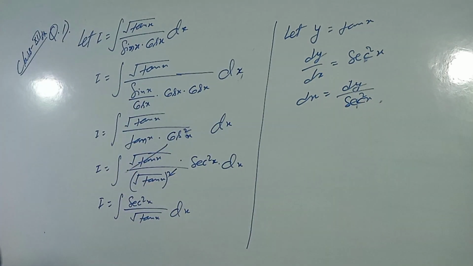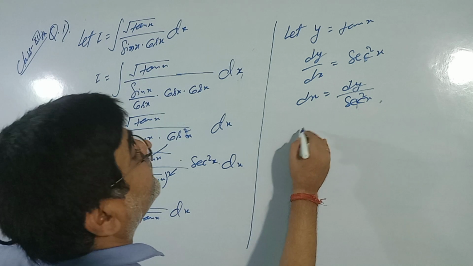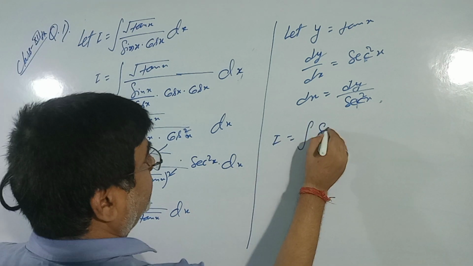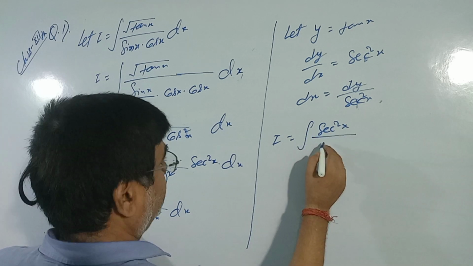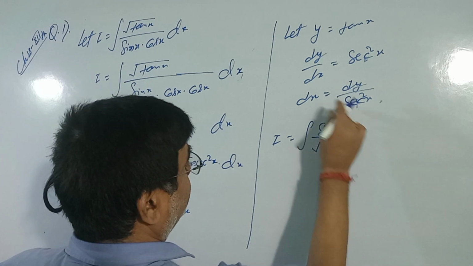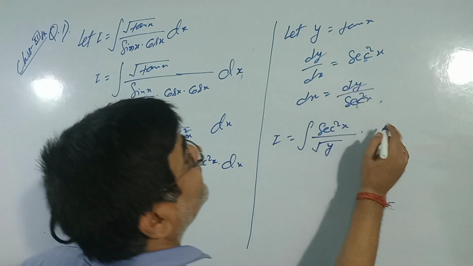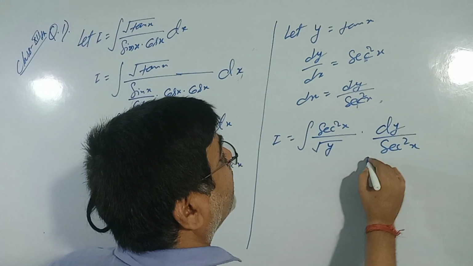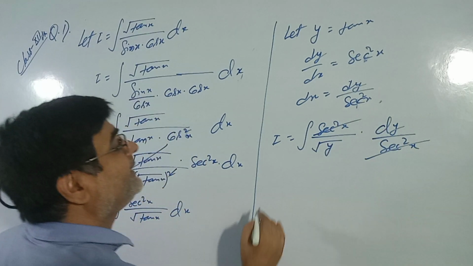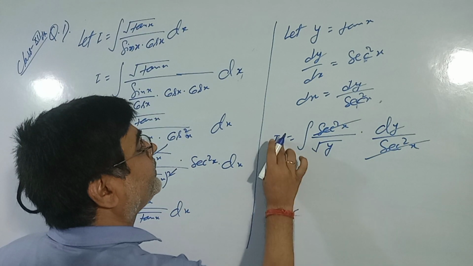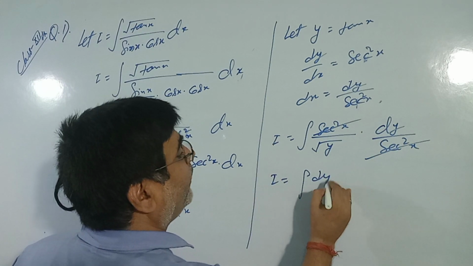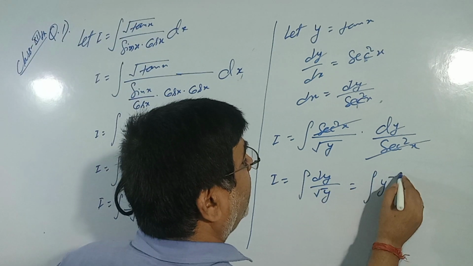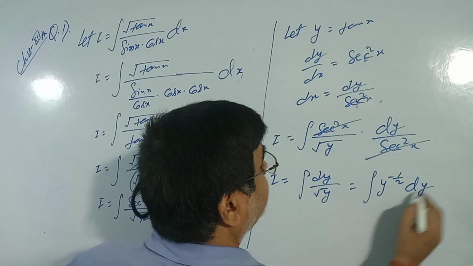So putting the value, I equals sec square x over root y into dx is replaced by dy over sec square x, and sec square x cancels out. I equals dy over root y, in the form of y to the power minus half dy.